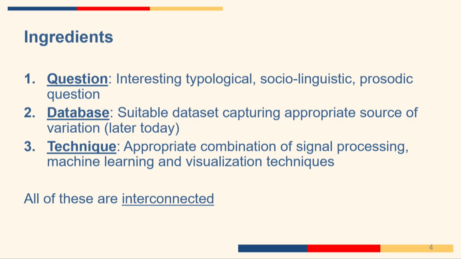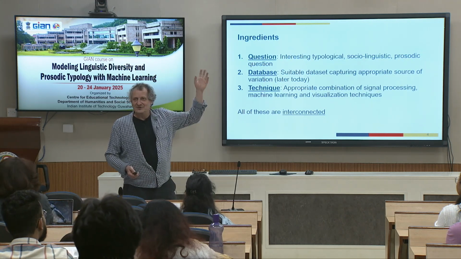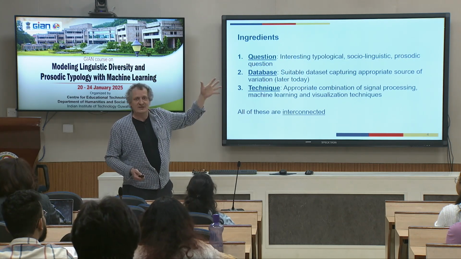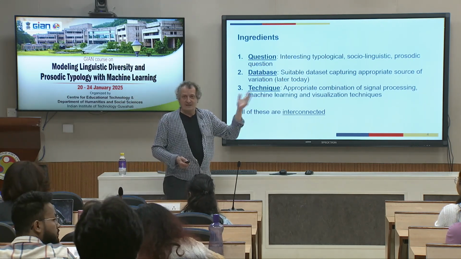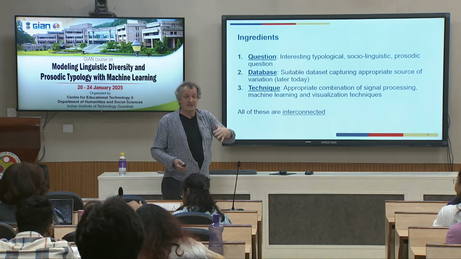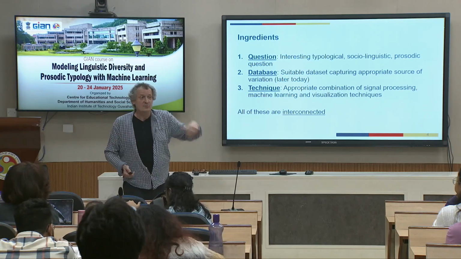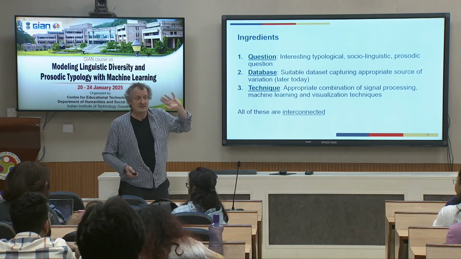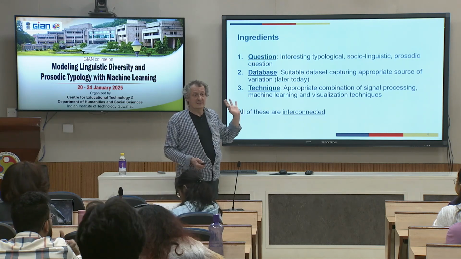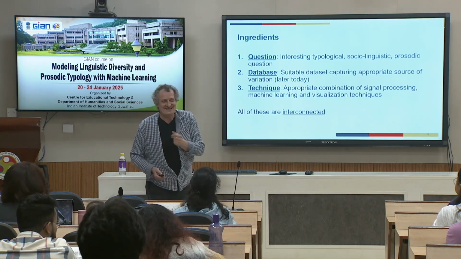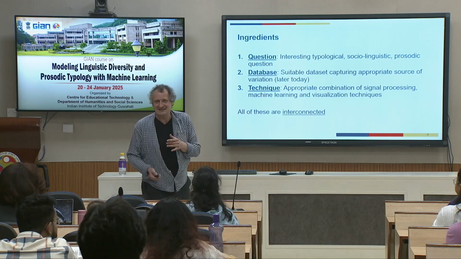As I was saying, for the given question, you have to have the right type of database. For the database, you need the right type of technique. For the given technique, you might need the right type of database. For example, sadly, for machine learning exercises, we need big databases. We need a lot of data.